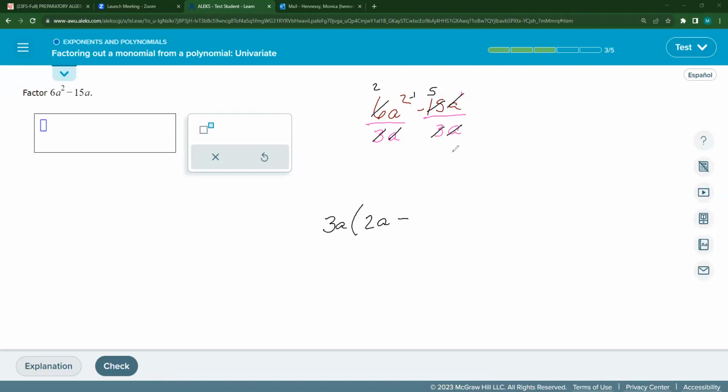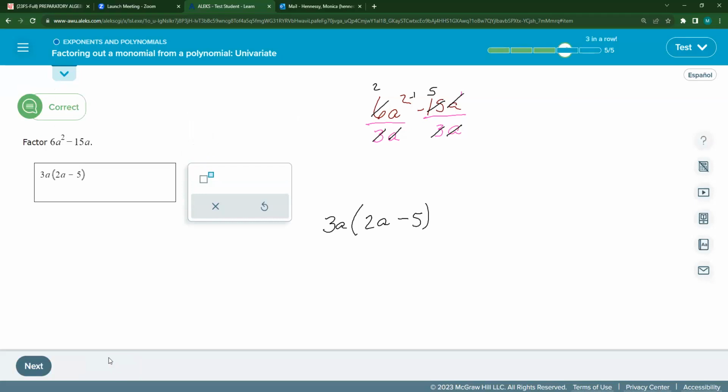The a's will cancel out, so I just have 5. All right, so we will type this in and we should be done with this topic and be ready to move on to another one. So 2a minus 5, close my parentheses, check my answer, and we have the topic done.